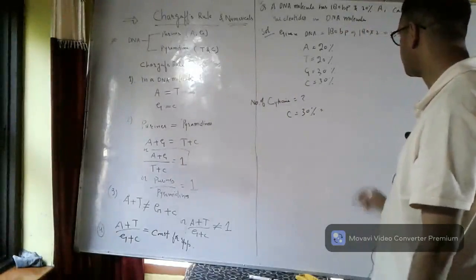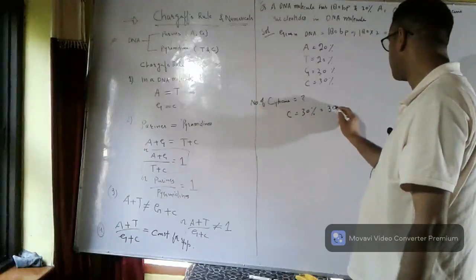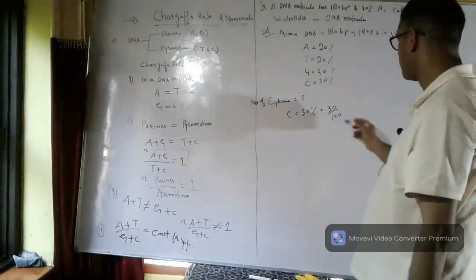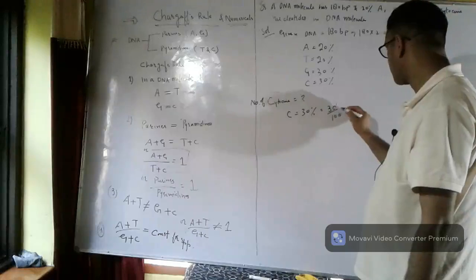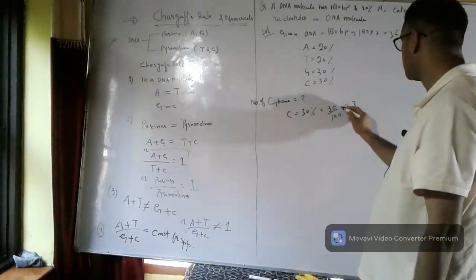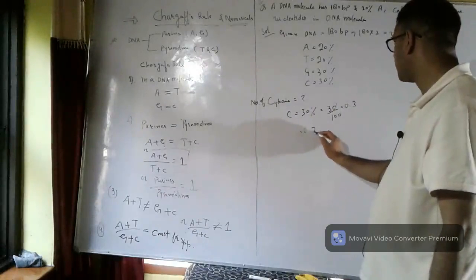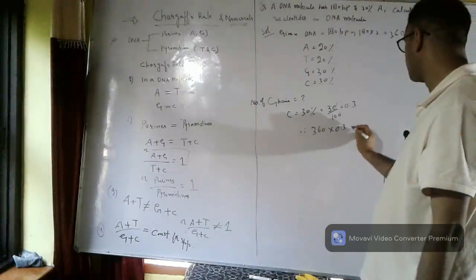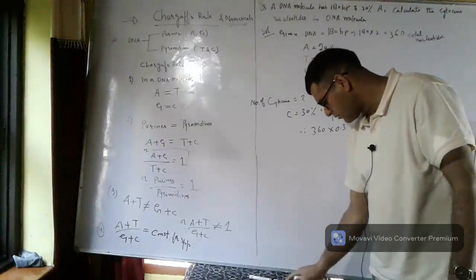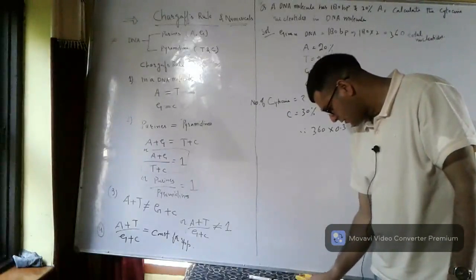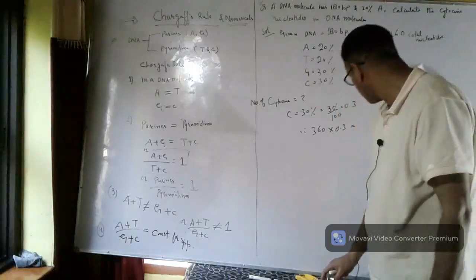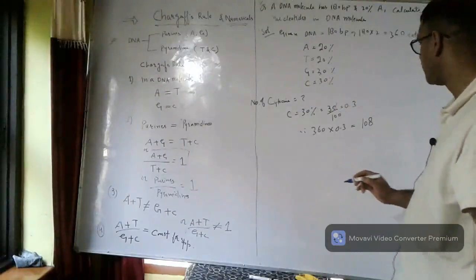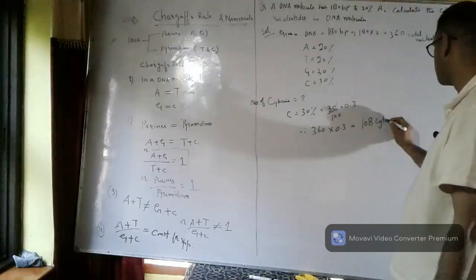That means it is 30 by 100, so it would be 0.3. Therefore, 360 total nucleotides into 0.3. What is this value? 360 into 0.3 would be 108 cytosine nucleotides.